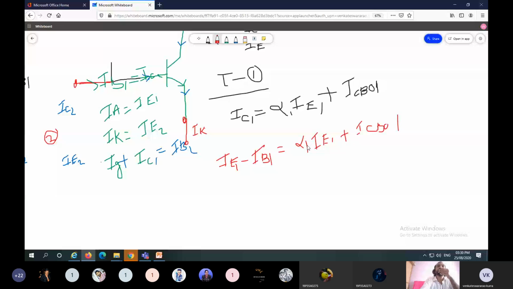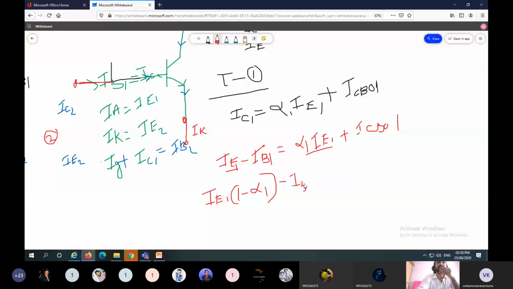So if you bring this alpha 1 IE1 to the left side, IE1 is a common term in both the terms. So IE1 into 1 minus alpha 1 minus IB1.